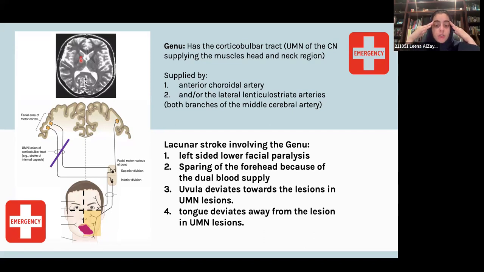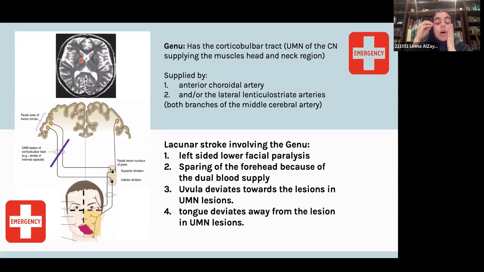Why? Think of it. Let's say I have a lesion, my left side is broken. My left side has facial paralysis. Which nerve is broken? My right nerve.